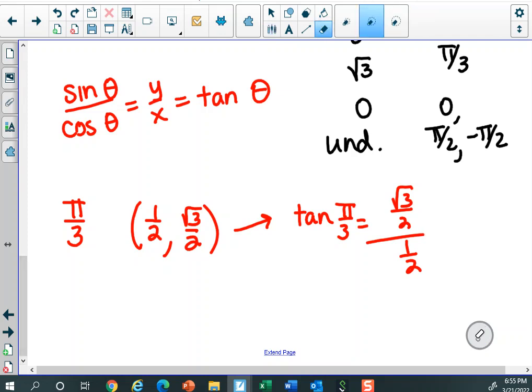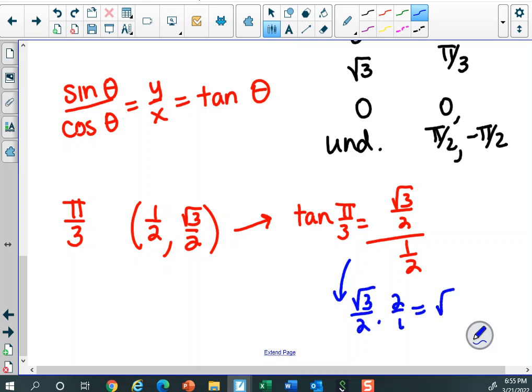And just by a little fraction multiplication, square root of 3 over 2 times 2 over 1, that can help you remember which one is the square root of 3. Those are the two I forget, square root of 3 and square root of 3 over 3 for pi over 3 and pi over 6.